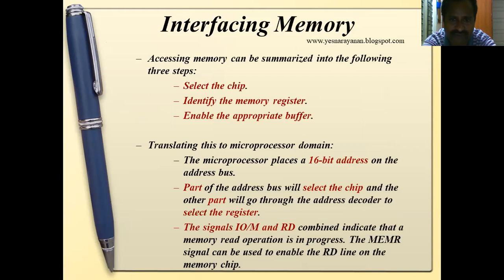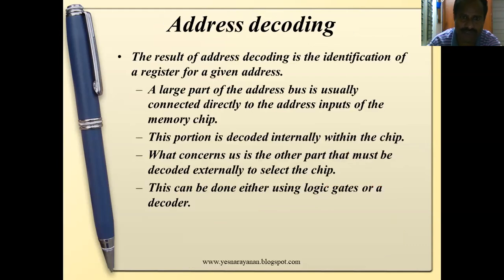Part of the address bus will select the chip and the other part will go through the address decoder to select the register. The signals IO/M bar and read bar combined indicate that a memory read operation is in progress. The memory read signal can be used to enable the read line on the memory chip.